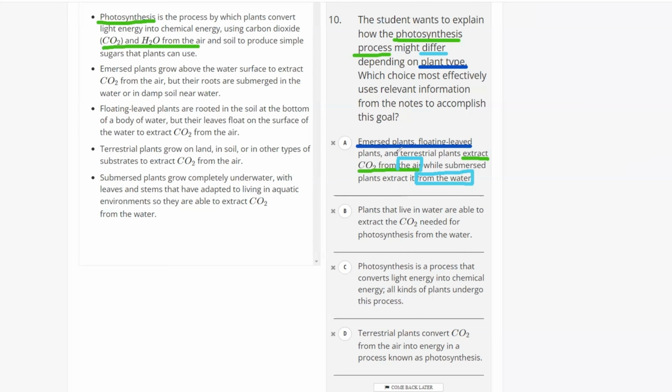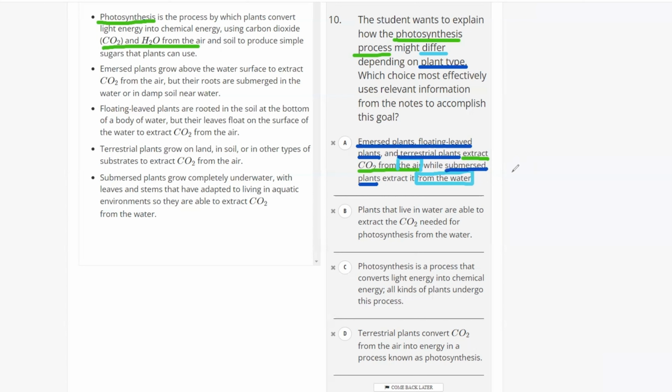Immersed plants, floating leaf plants, terrestrial plants right here, submersed plants from the water. This answer choice is the correct one, obviously. It completes all parts of the given goal. But just to show you how incorrect answer choices are going to complete parts of the goal, let's look at the other options.